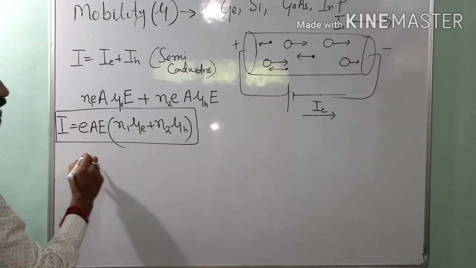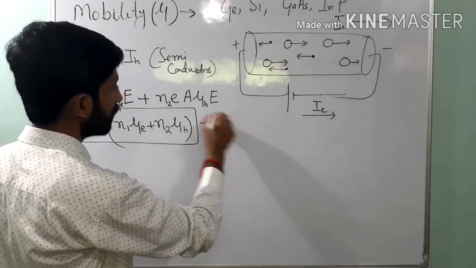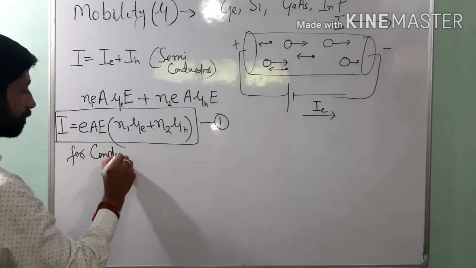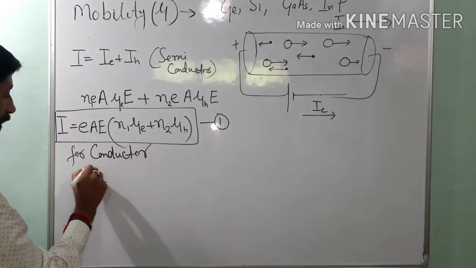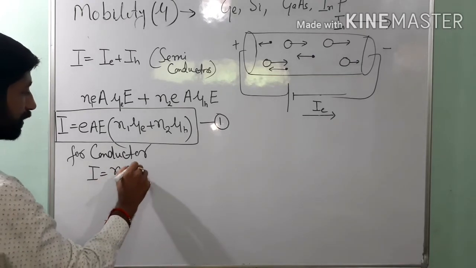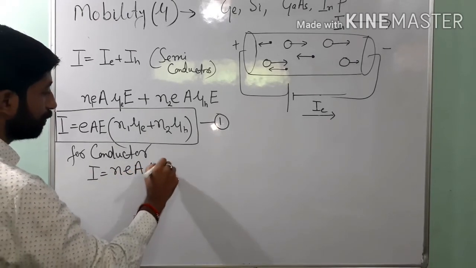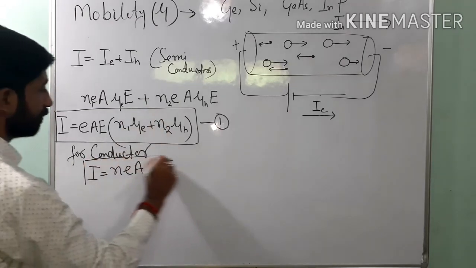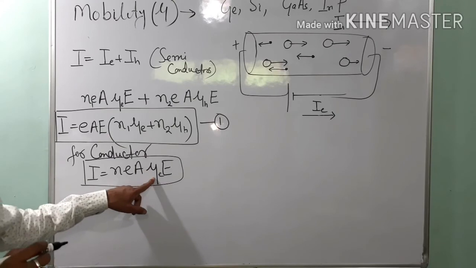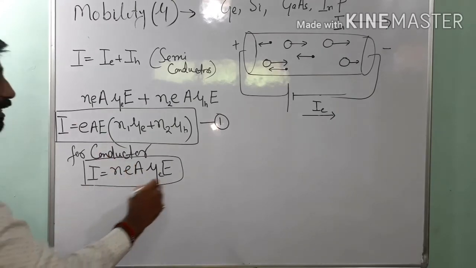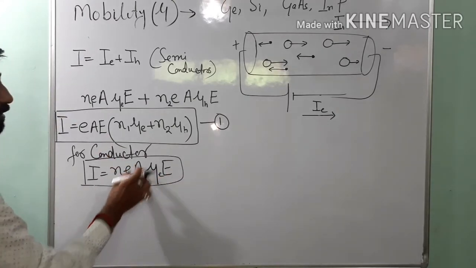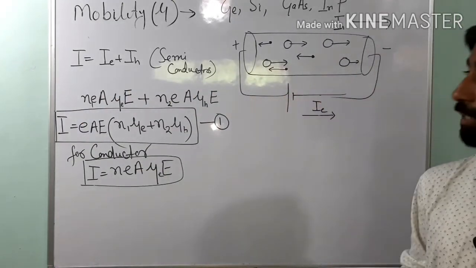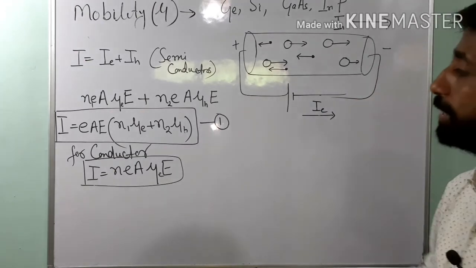Okay, and for a conductor only, what we had was I is equal to n e A mu E. So this is the relation for drift mobility and current in conductors only. Okay, this is the relation between the mobility and current.